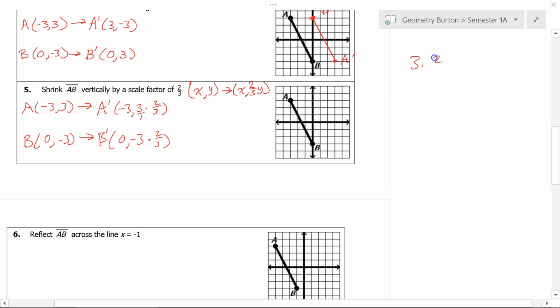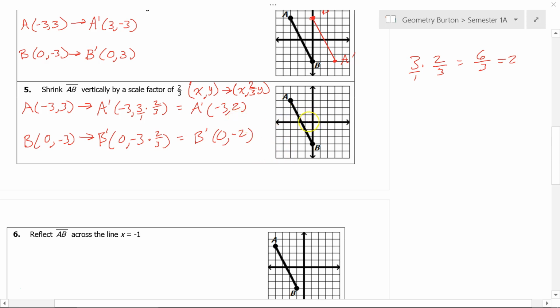If I have 3 times 2/3, that's like 3 over 1, so that's going to be 6 over 3, which is 2. So A prime is going to be negative 3 comma 2. And I'm going to have 0 comma, and the only difference is the negative, so this is going to be negative 2.